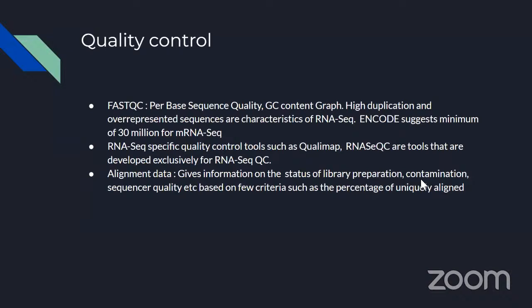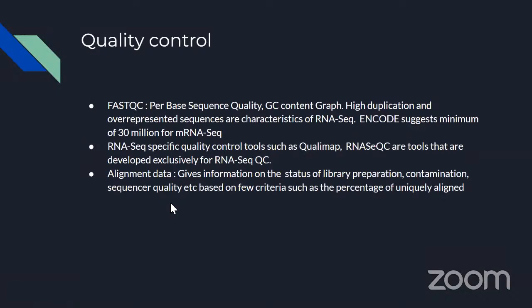And like I said, if there is a lot of contamination, you can see it. For example, if you have a lot of reads that are not mapped: in STAR, it gives you a percentage of uniquely mapped reads. You would want more than 90%.